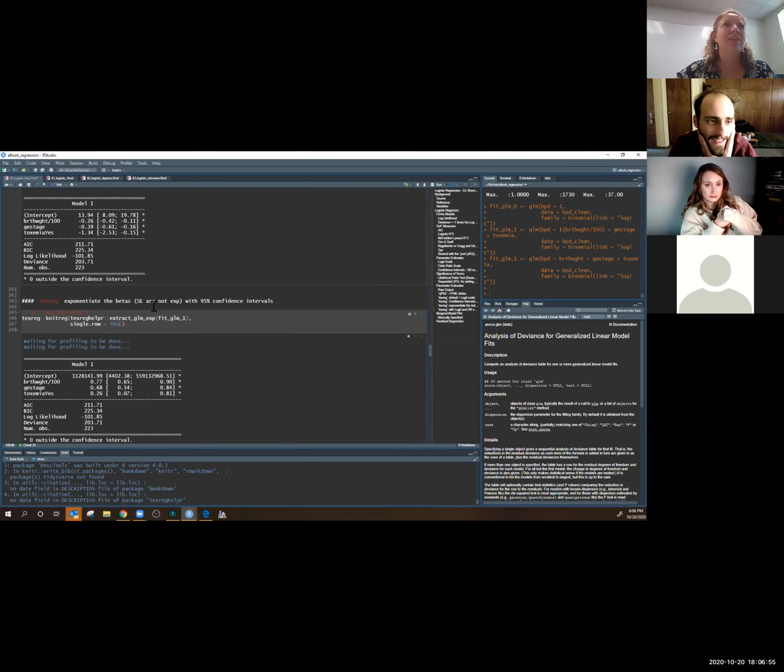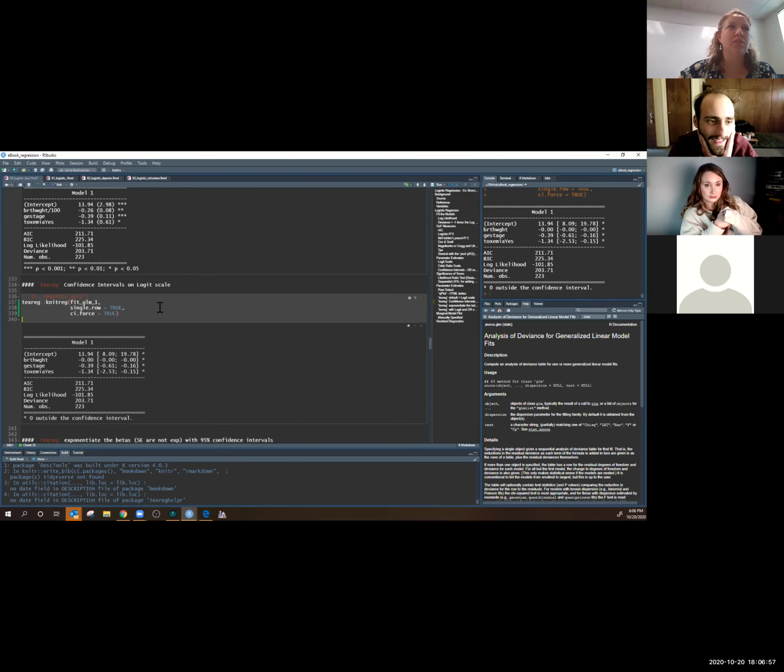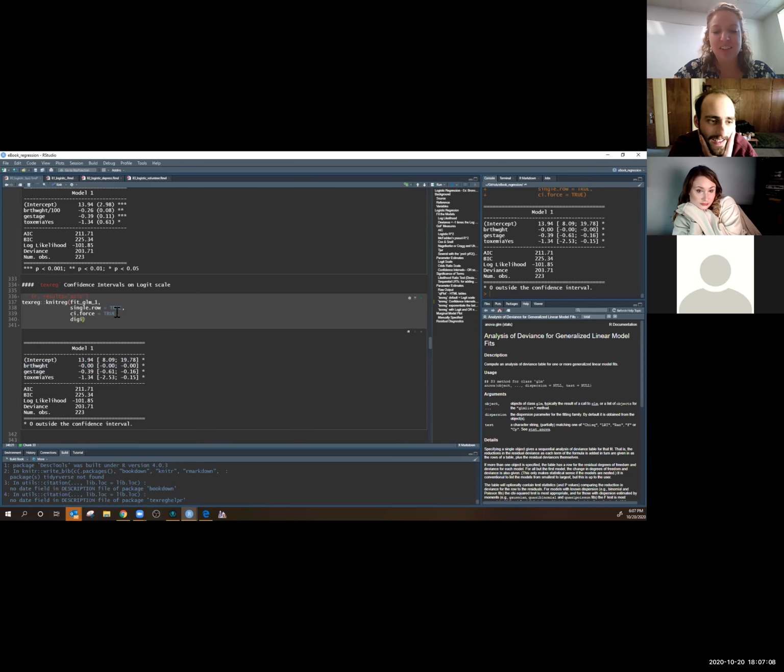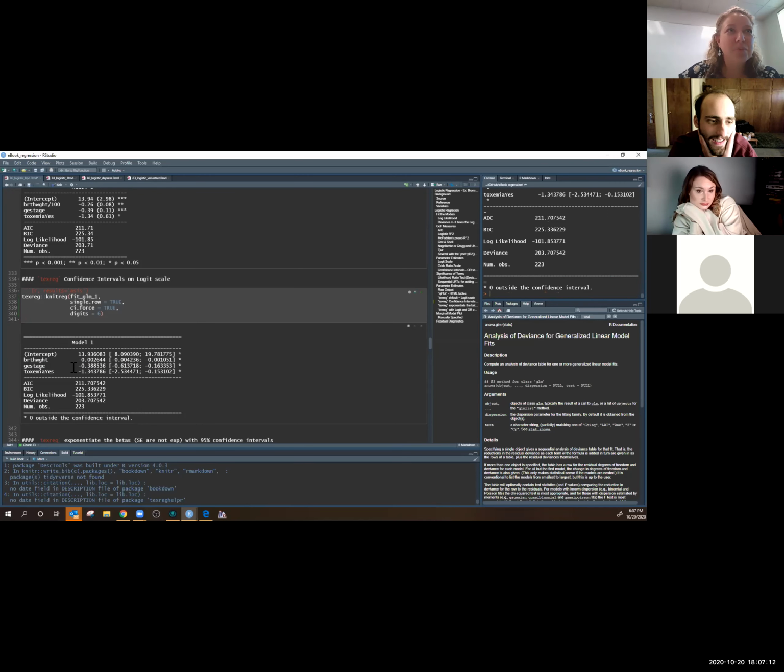Oh, but I didn't run both of them yet. Okay, so notice the beta, and here's exponentiated. It's 0.00, like we're going to have to add a lot of digits. 0.0026. Yeah. It's so tiny, it's hard to talk about.